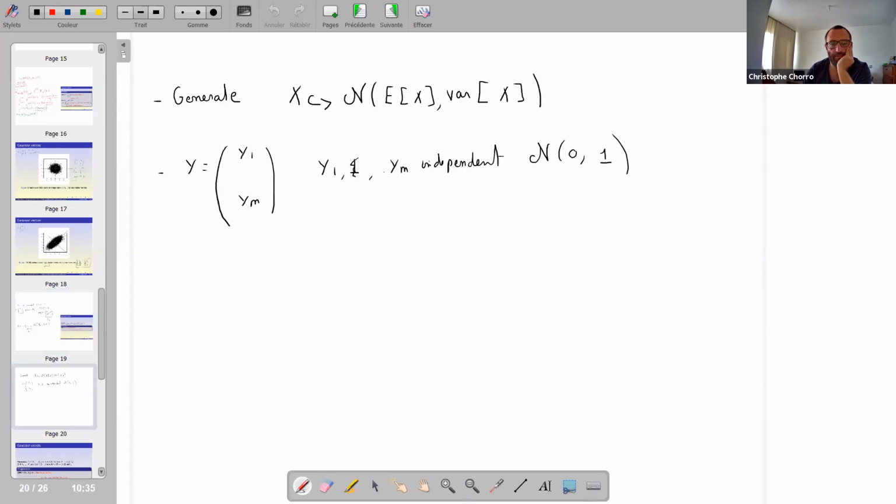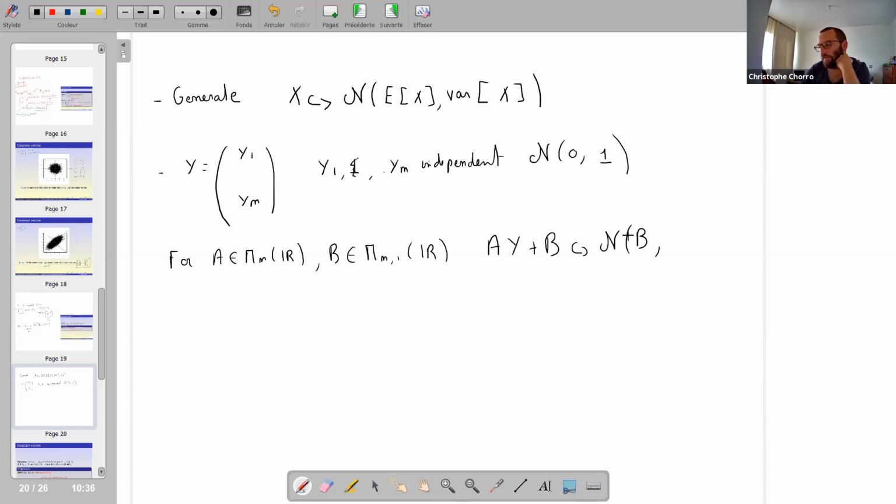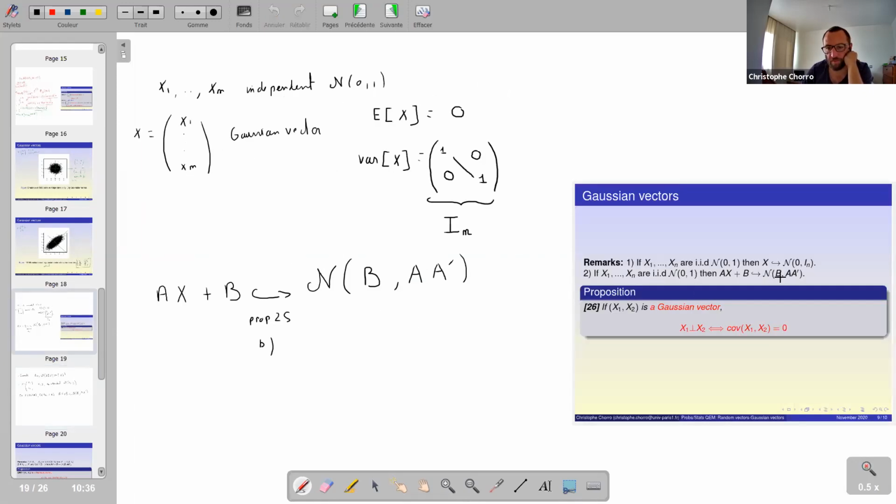For A belonging to Mn(R) and for B belonging to Mn1(R), we have proved that Ay + B follows the N(B, AA'), where the variance-covariance matrix is A times A prime. So it's exactly what I have done here. That is the result of this remark here.